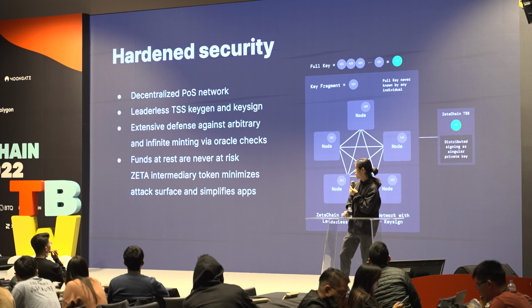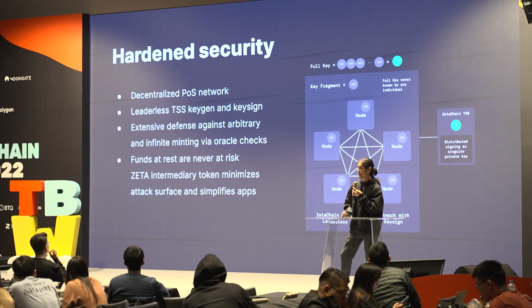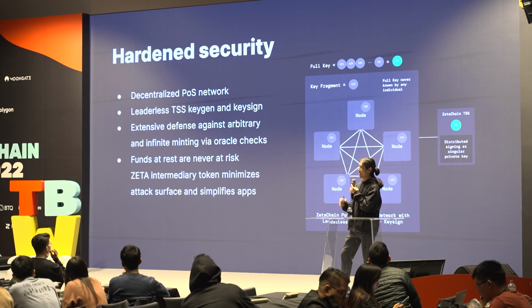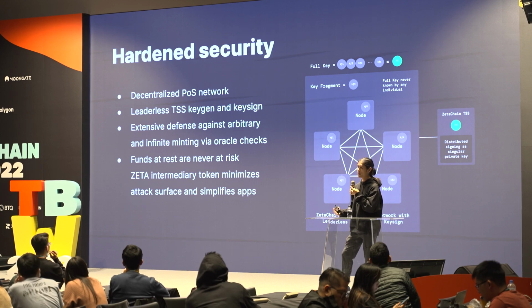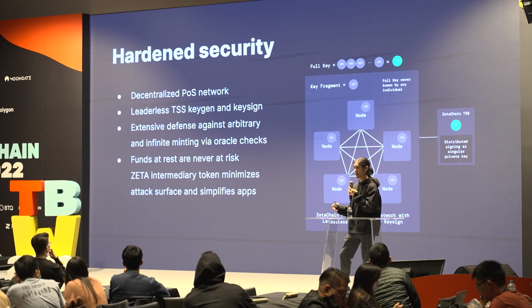And yeah, a little bit on the security bit. So that TSS, I know I said something like hot wallet, but it is able to act as a hot wallet, but actually is never exposing a private key to any party. So the private key that is custodied by the ZetaChain network is done in a decentralized way.